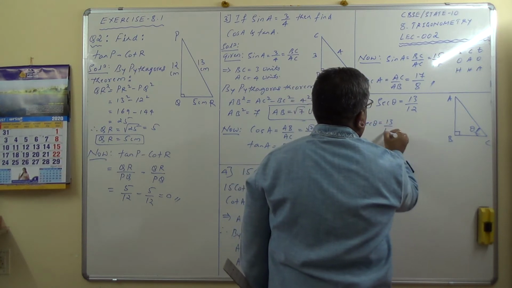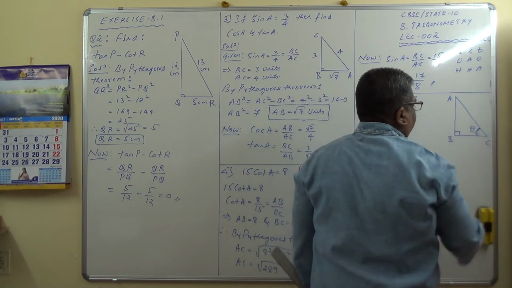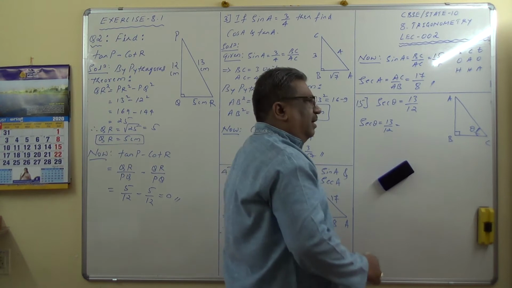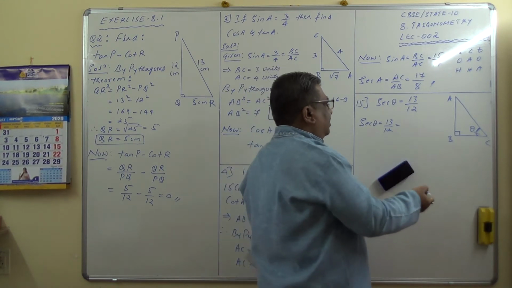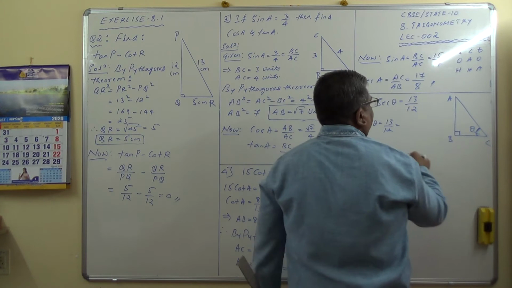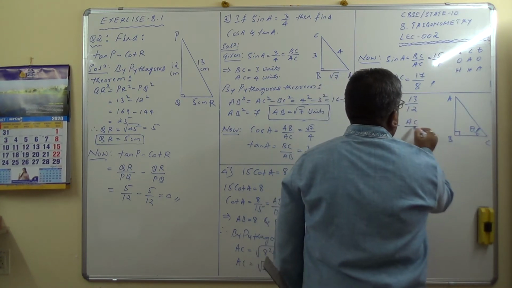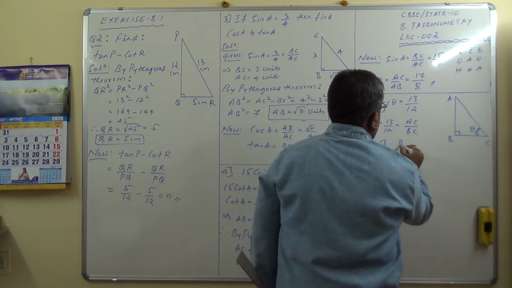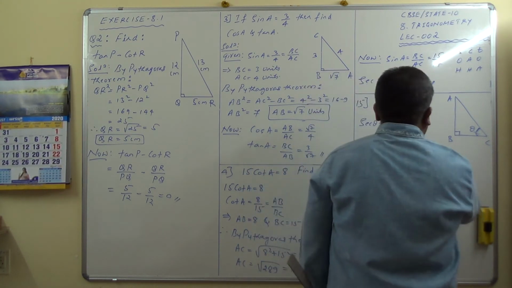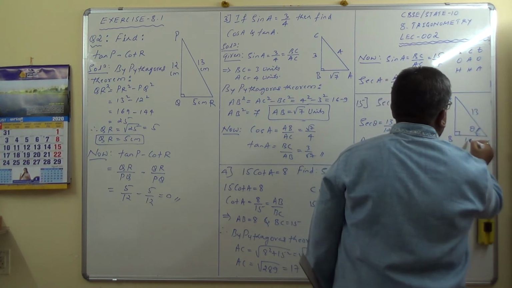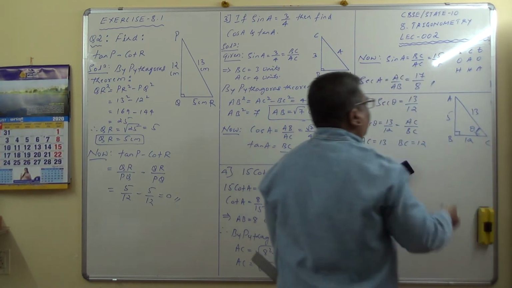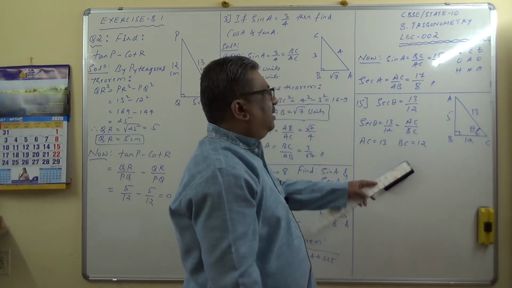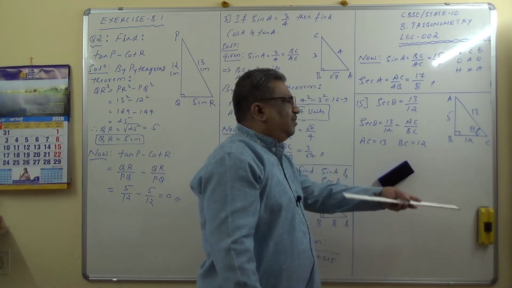Secant is the reciprocal of cos, and cos is adjacent by hypotenuse, so secant is hypotenuse by adjacent side. That means AC by BC. Therefore, AC equals 13 units and BC equals 12 units. Definitely this should be 5, because 5, 12 and 13 are Pythagorean triplets, and hence AB is equal to 5.